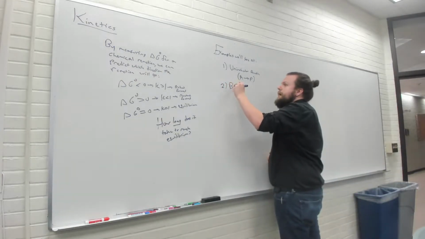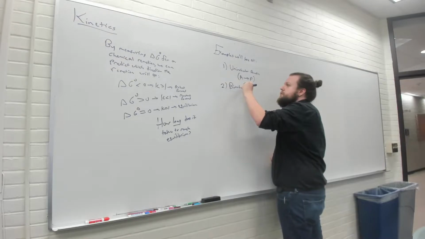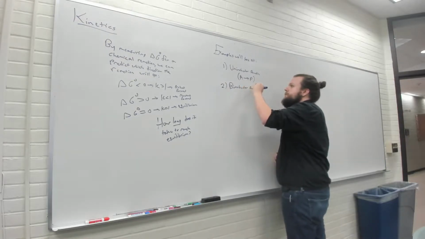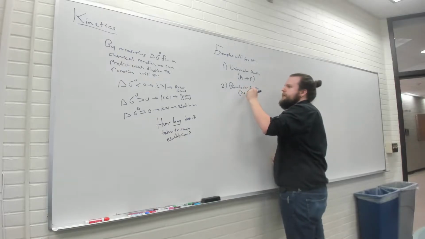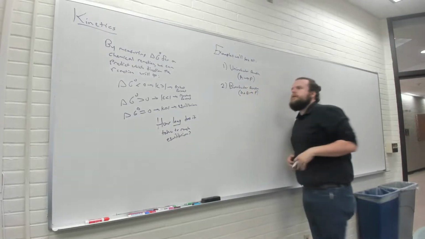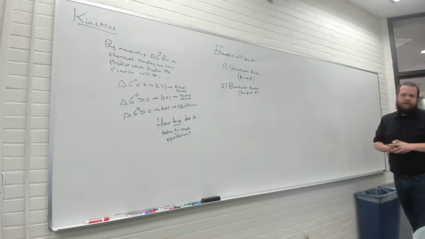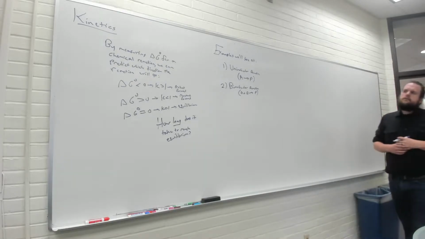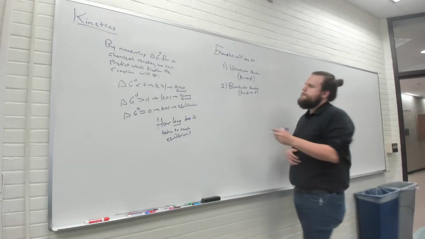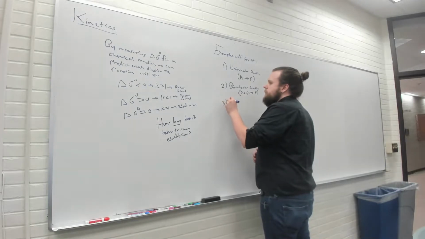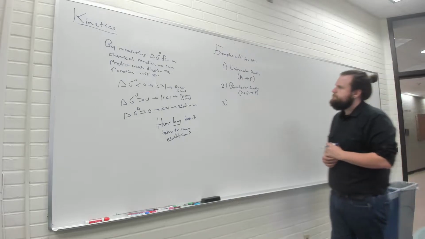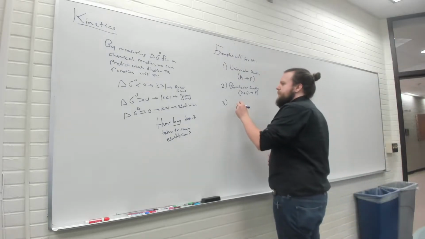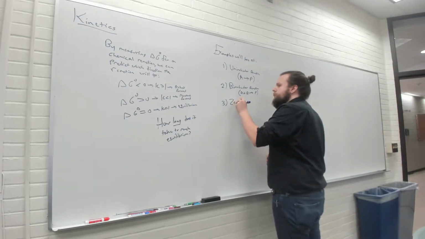And we'll also look at bimolecular reactions. In fact, we'll start with an example that's a bimolecular reaction, A plus B, where two different molecules collide, or they could be the same as well, to form products. And then we'll also look at some other types of cases, what we'll call zeroth order reactions.